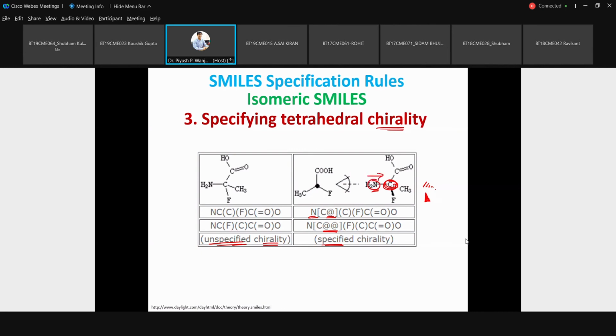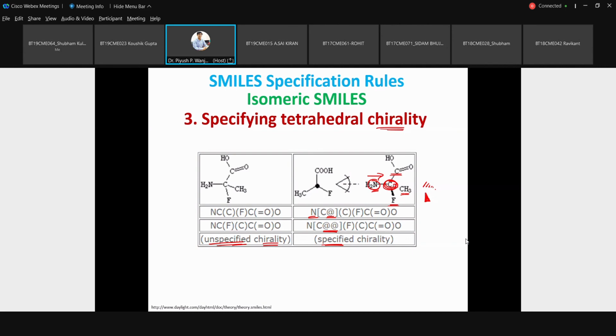So you have started your structure from a nitrogen, then you write the carbon in square brackets, and in that bracket you have to mention whether you are going to read the other three connections in the clockwise direction or anti-clockwise direction.